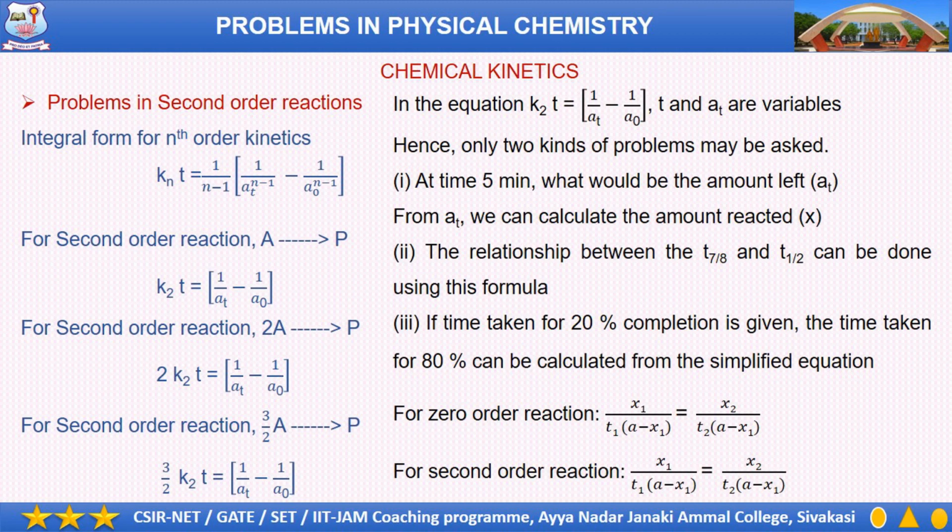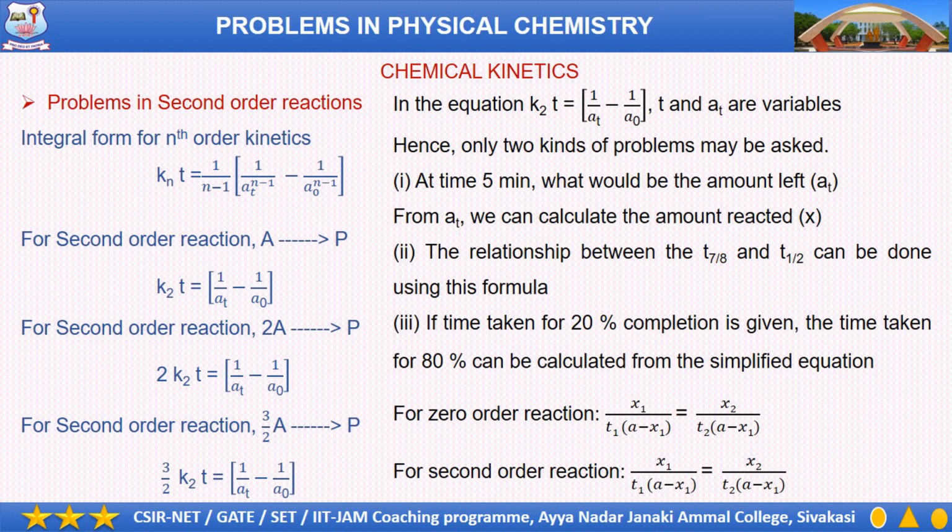What is the equation we have derived for the zero order reaction? X1 by T1 is equal to X2 by T2. This is for zero order reaction. In the second order reaction, the shortcut is nothing but A minus X1 into T1 equal to A minus X2 into T2.